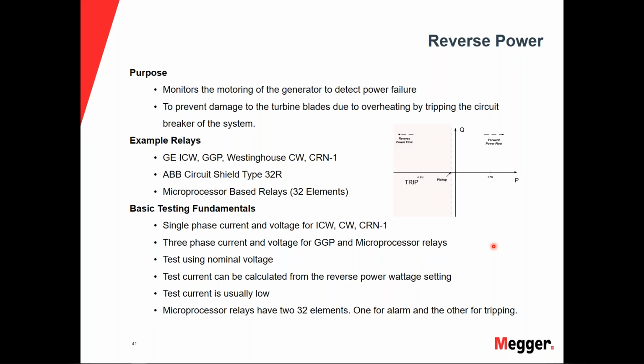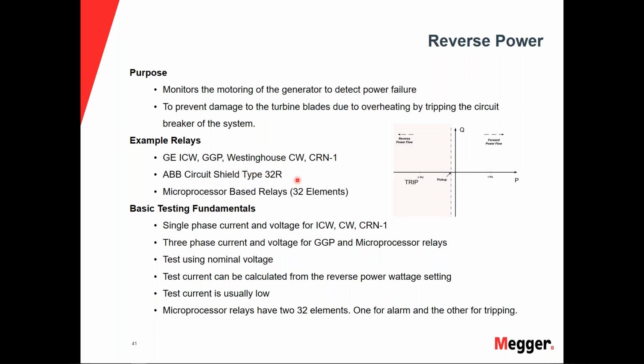We can also see in the diagram again here that there can also be a 32, which would be for power. There might also be a forward power element that could come in here, which would be low power. As we start to get into the reverse power condition, we could also have a set point for forward power. So it'd be a 32F.